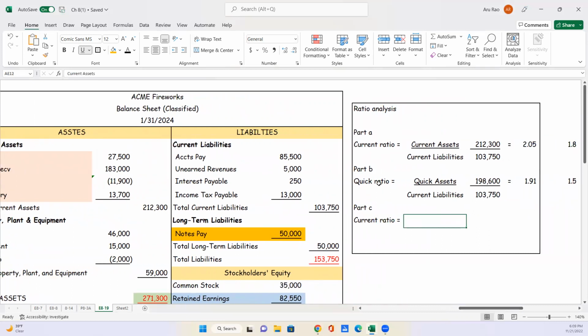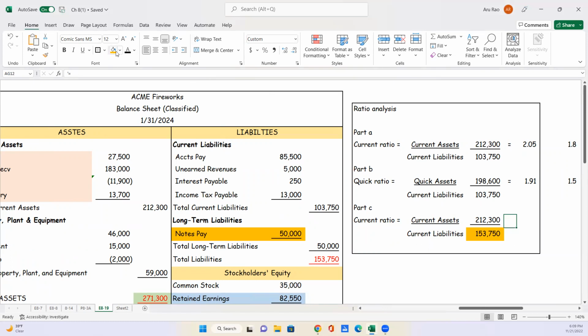So let's do the calculation again with our current ratio. Current assets divided by current liabilities. See what happens over there. Current assets are still the same as we had up over here. We're keeping those current assets. This number, 103,750, what does it become? 153,750, because this number now includes this 50,000.